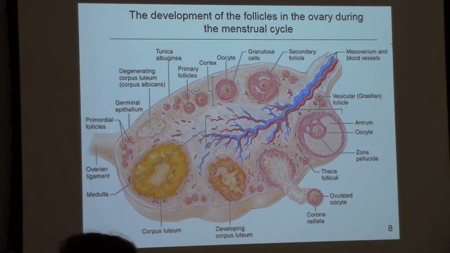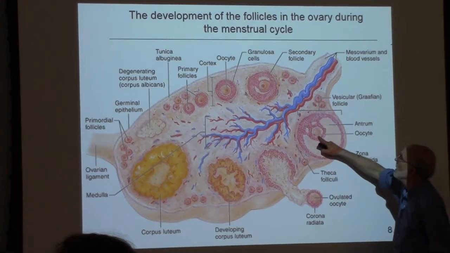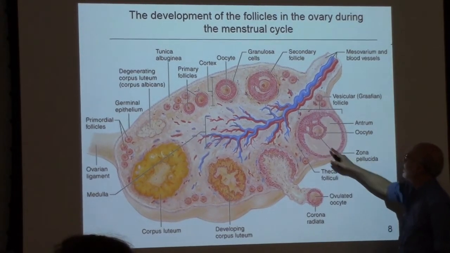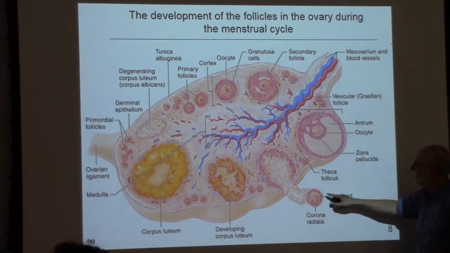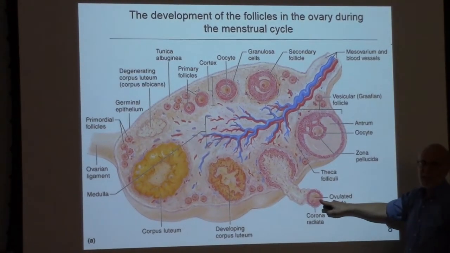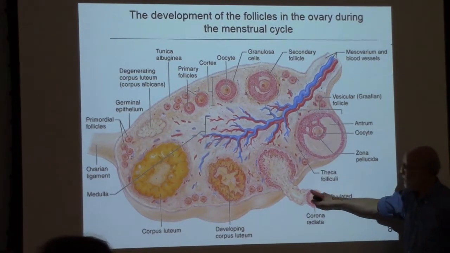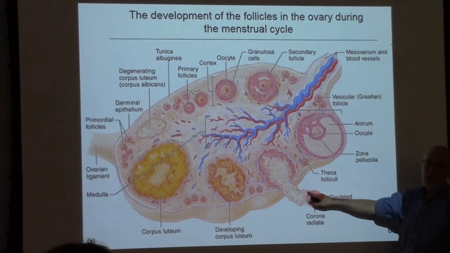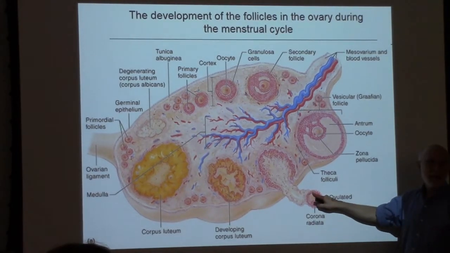Okay, here's another one. There is a layer between the oocyte and the granulosa called the zona pellucida. This layer between the oocyte, in this case the ovulated oocyte, and the corona radiata, which are granulosa cells, this layer is the zona pellucida.